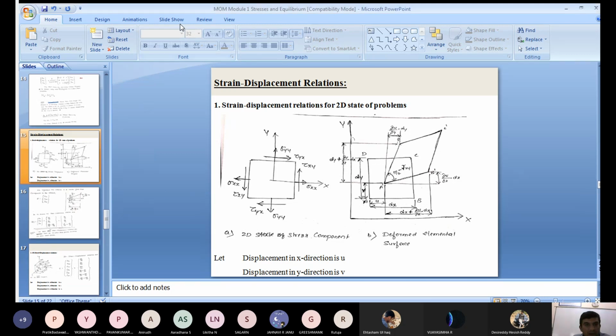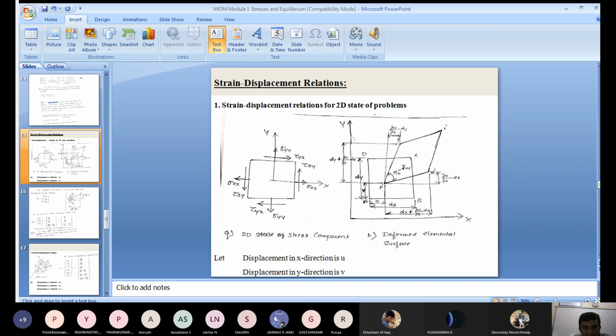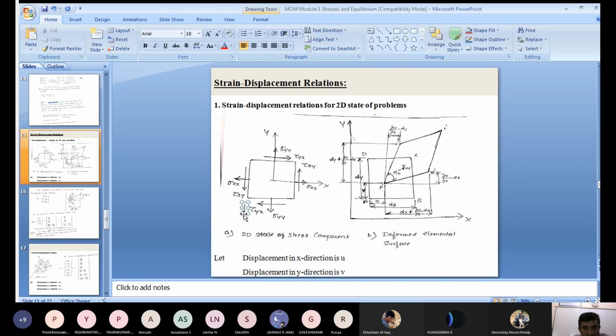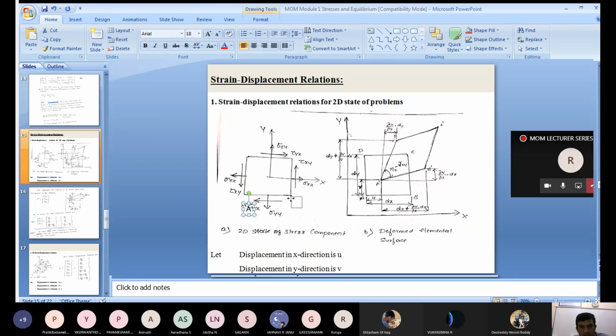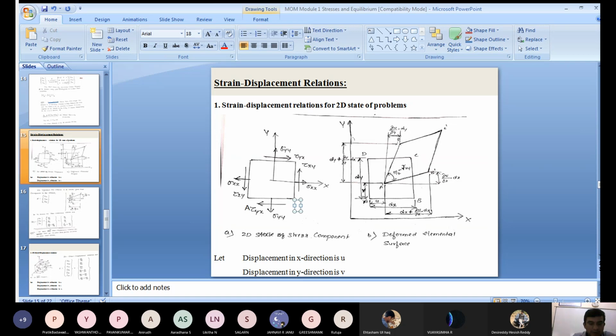For your better understanding, I'll label this corner A, this corner B, this corner C, and this corner of the square element D. I think it is visible.